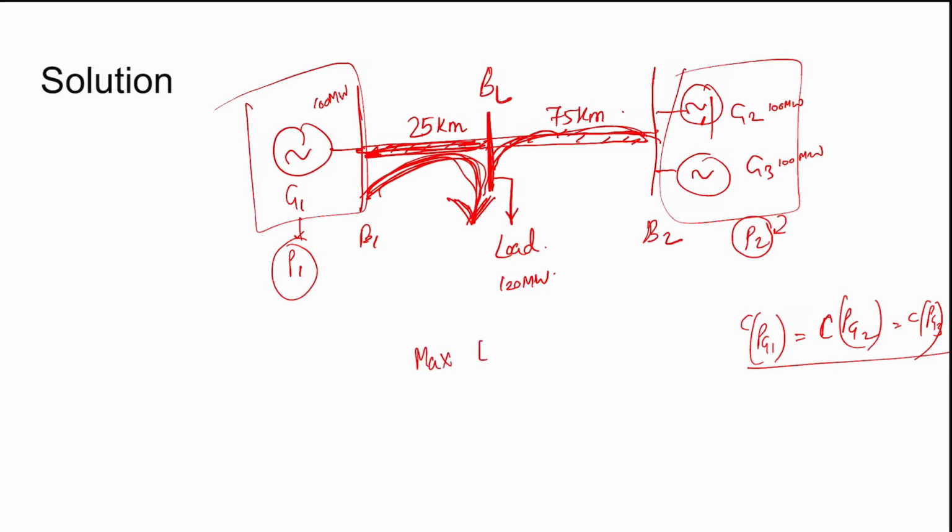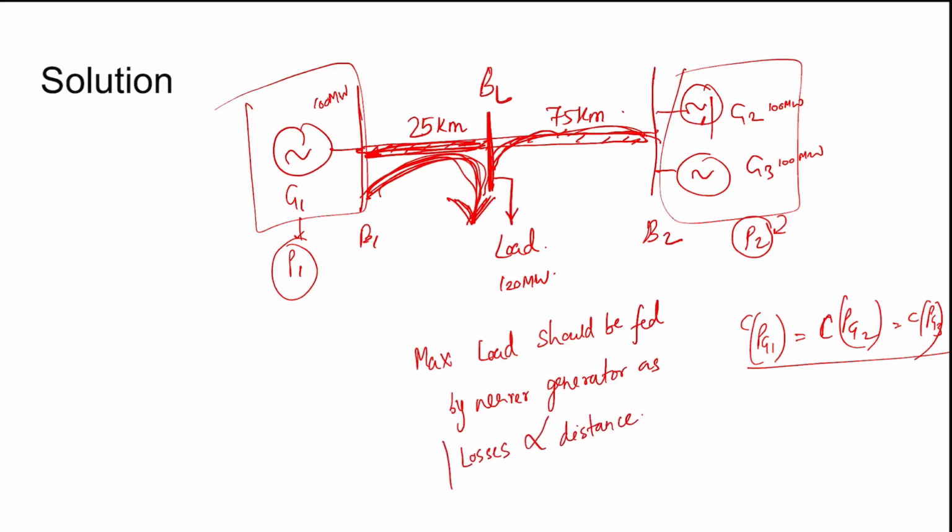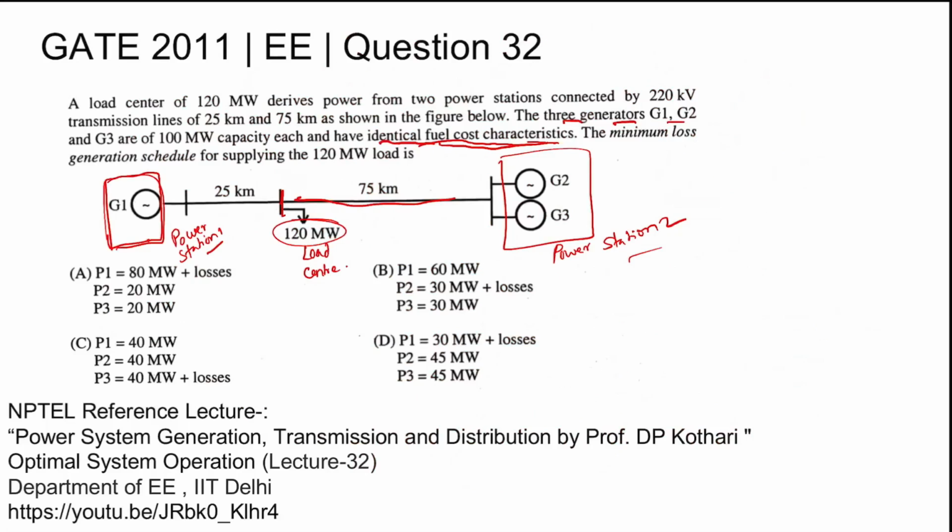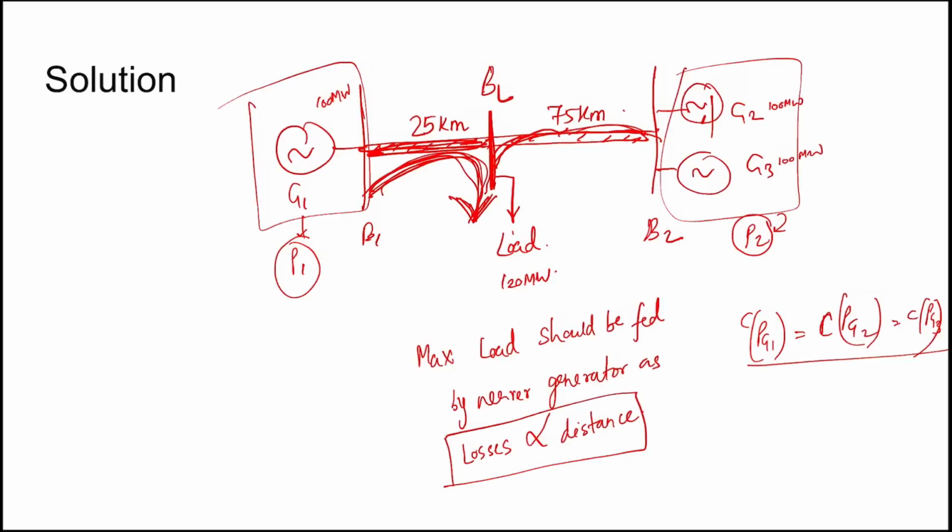So maximum load should be fed by the nearer generator, as losses are proportional to distance. The load should take the power from the nearest generator to the maximum possible extent.